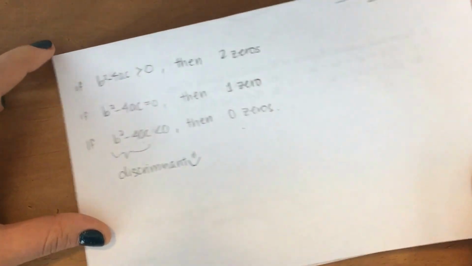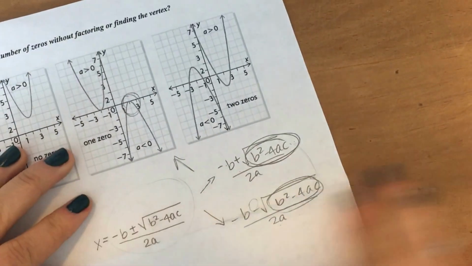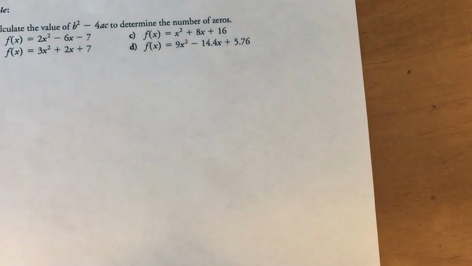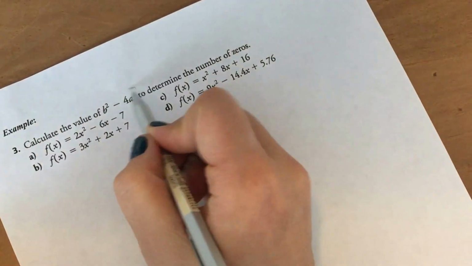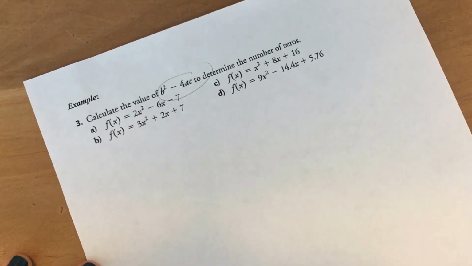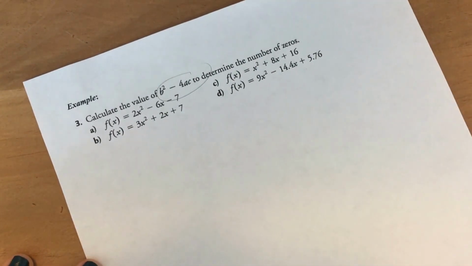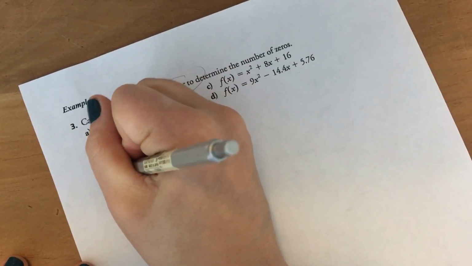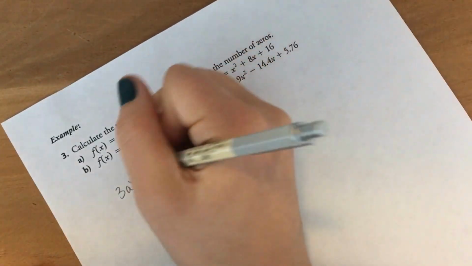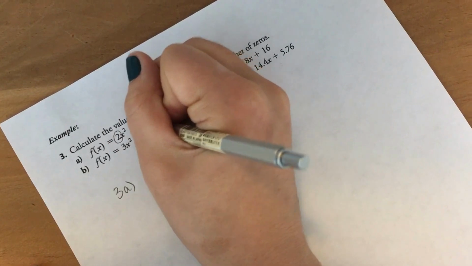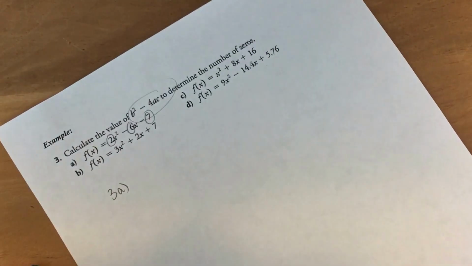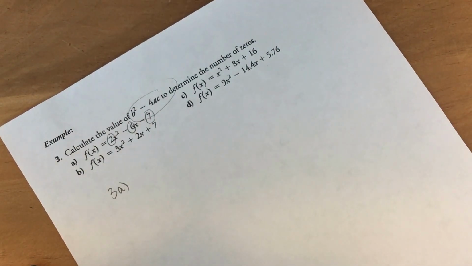Okay? So on the next sheet, it says calculate the value of b squared minus 4ac to determine the number of zeros. I will do the first one with you, and then you guys can try to do all the other ones. So 3a. I know that 2 is a, 6 is b, and negative 7 is c.